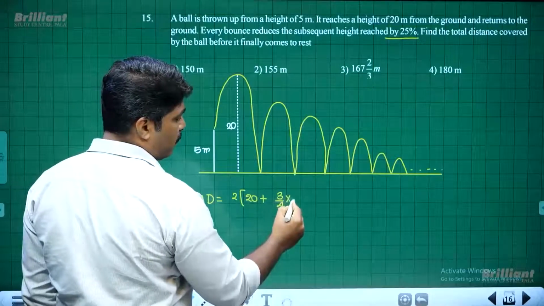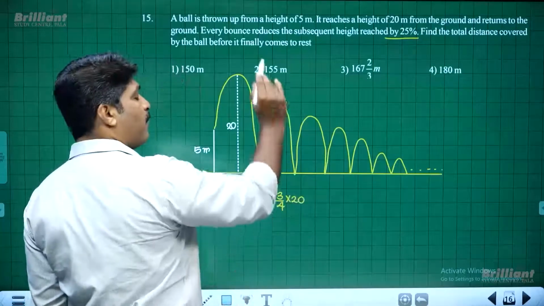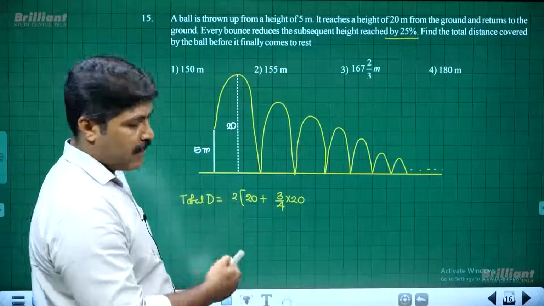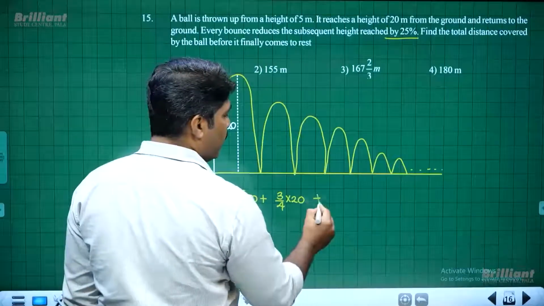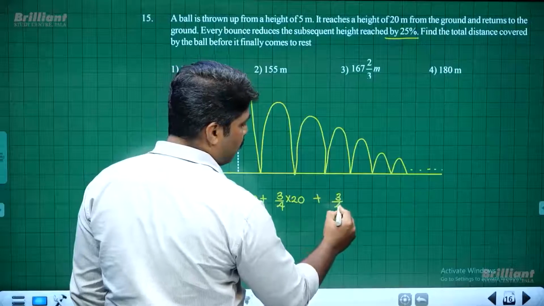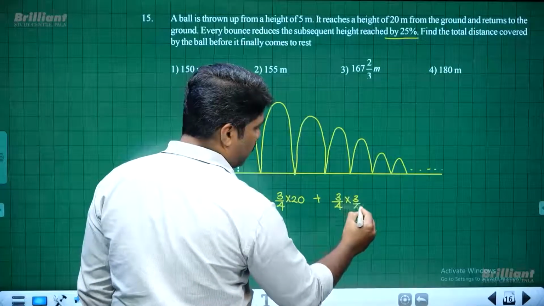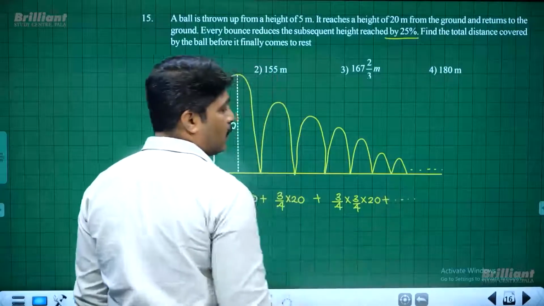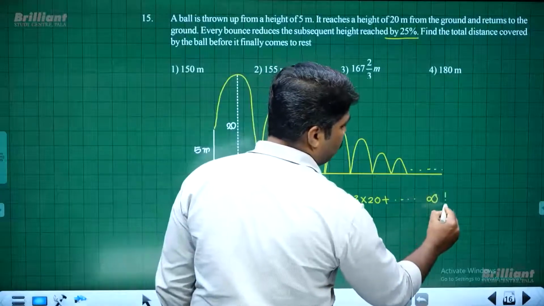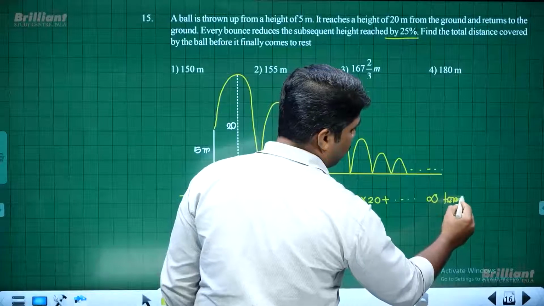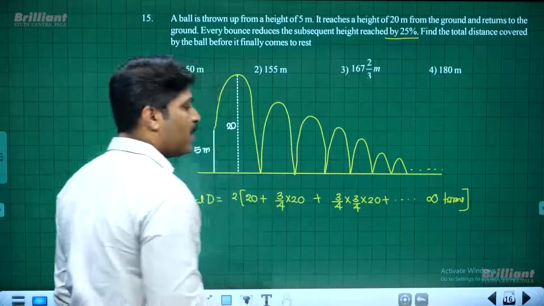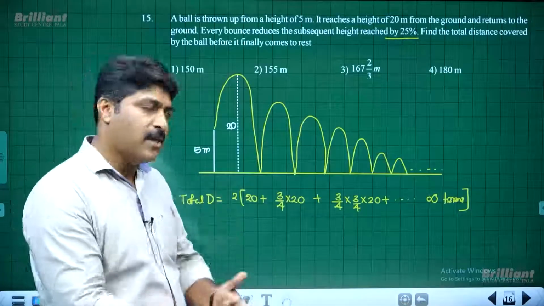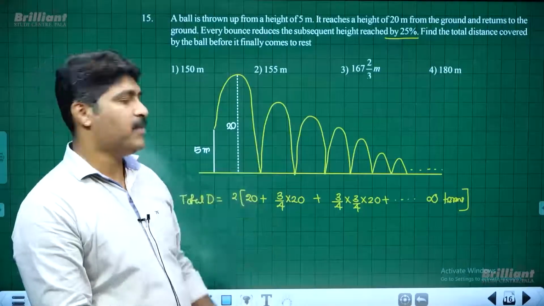So 3/4 of 20 will be the next upward and downward; the 2 we put outside. And the next one is 3/4 of that. Got it? And so on. It turns into infinite terms, which means when it comes to rest, we are assuming infinite terms.